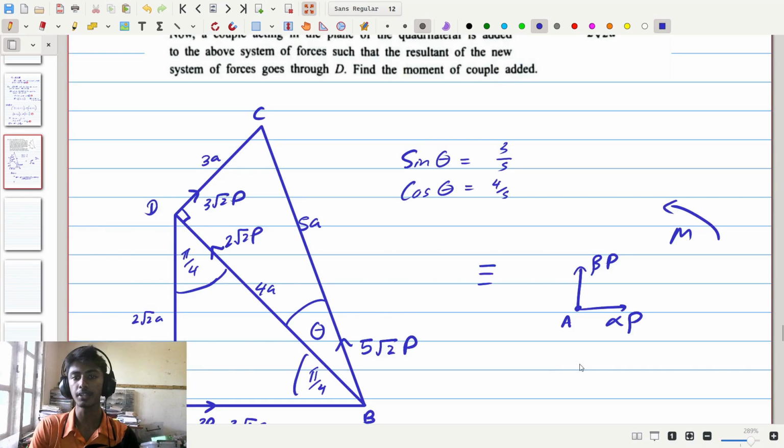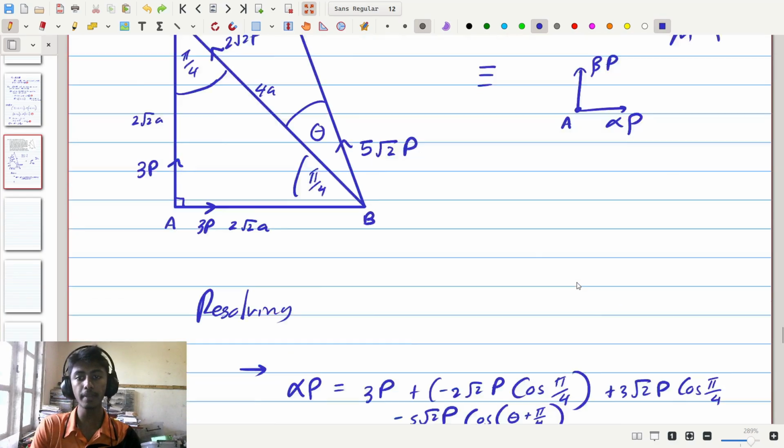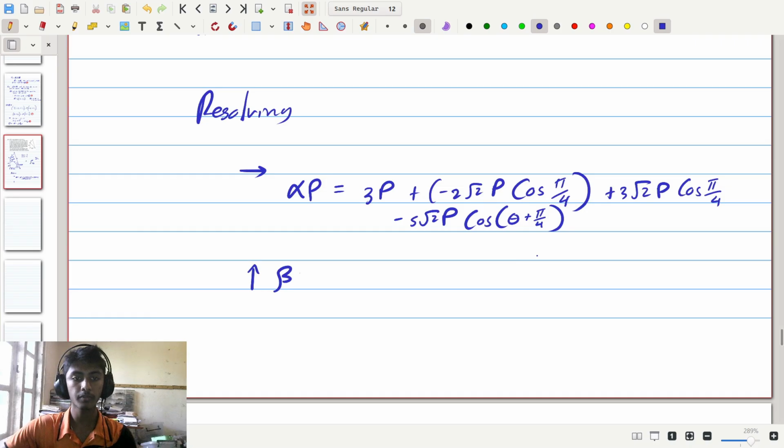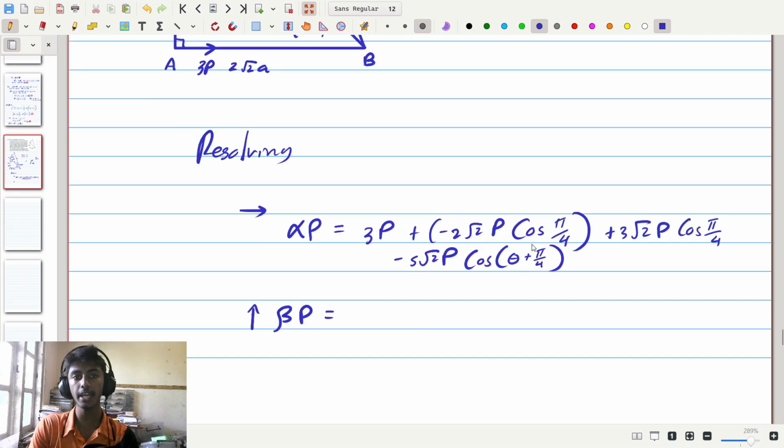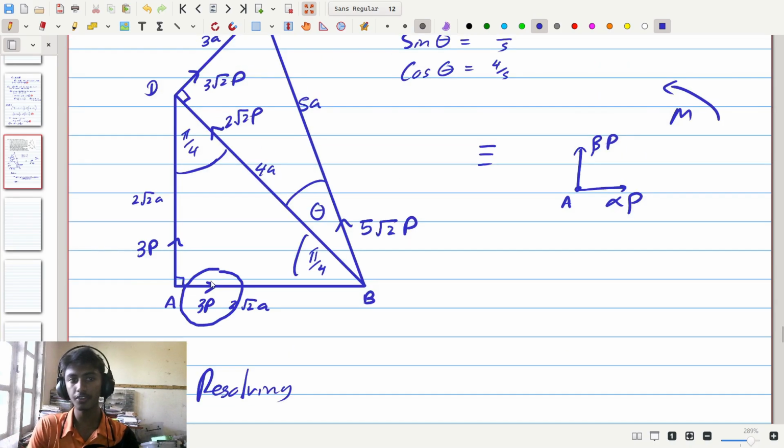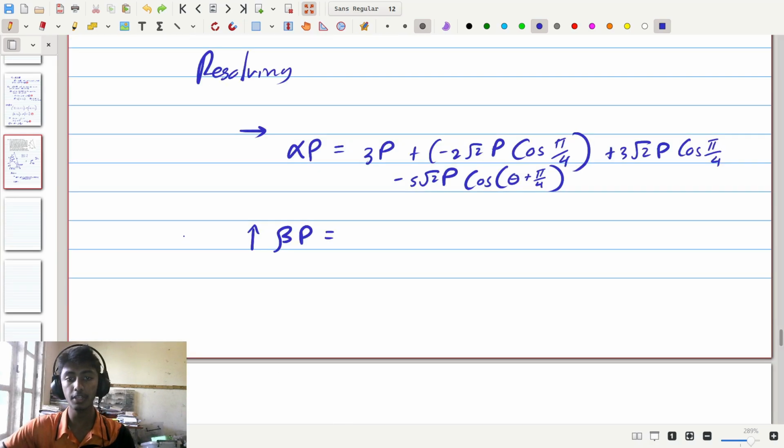Now let's do it vertically. If we resolve vertically, we're going to get beta p on the left hand side. So we have beta p equals, and on the right hand side, this 3p is not relevant since it's in the horizontal direction. This 3p is relevant since it is perfectly vertical. So we have 3p.